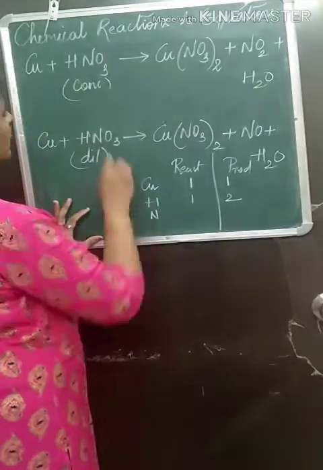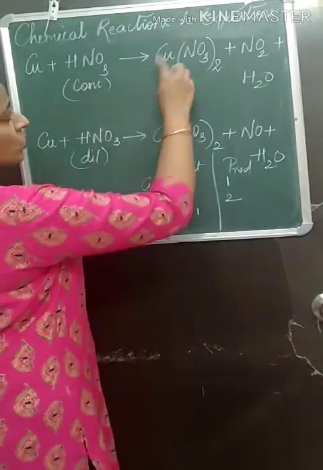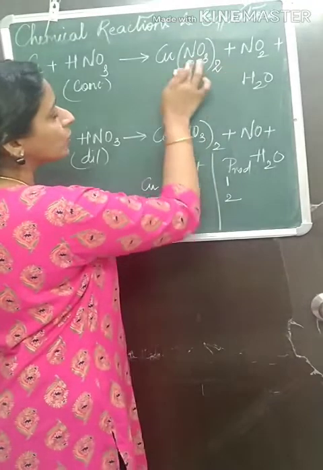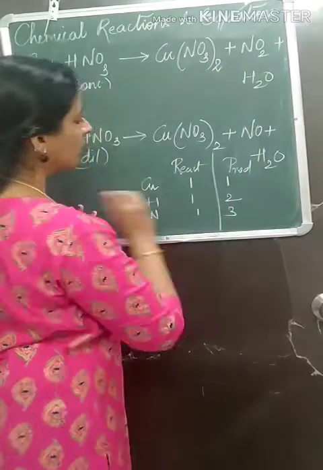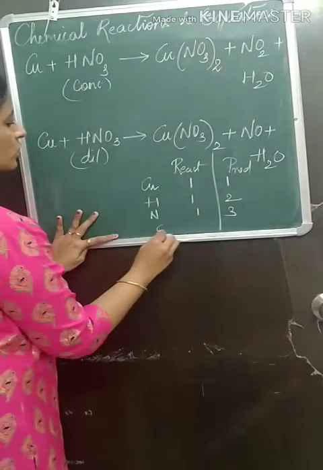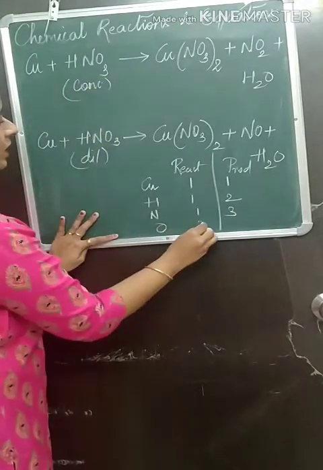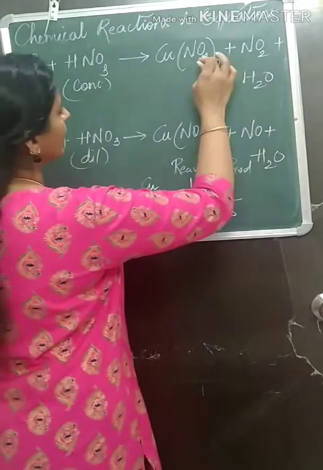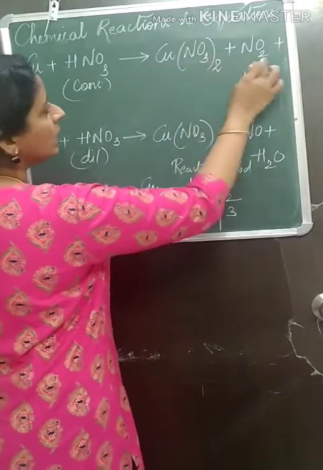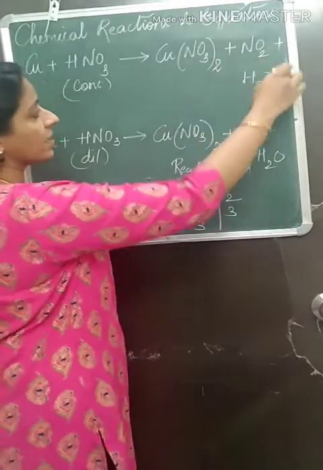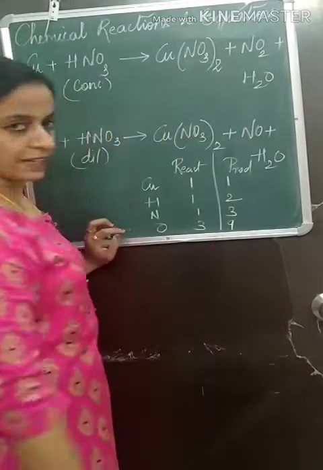Nitrogen on the reactant side we have 1, whereas on the product side we have 2 and 1, 2 plus 1, 3. Then the last one, oxygen. On the reactant side we have 3 and on the product side 3 twos are 6, 6 plus 2, 8, 8 plus 1, 9.